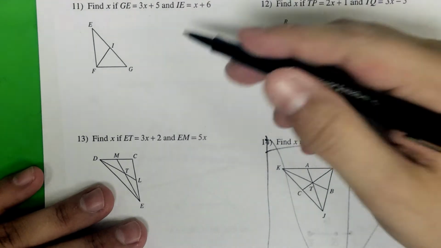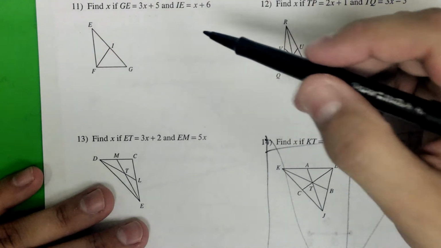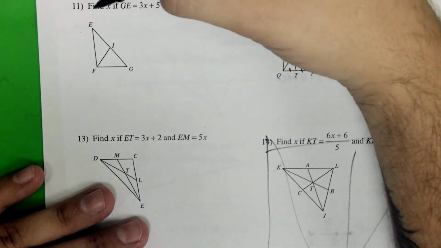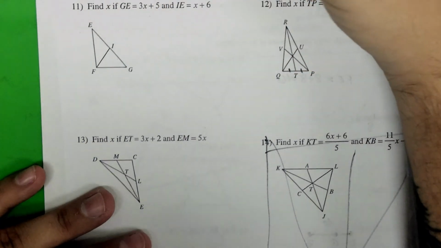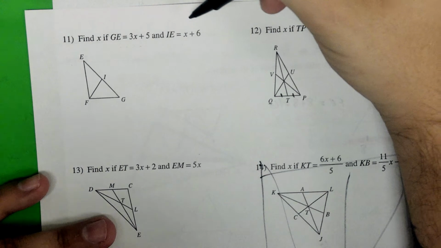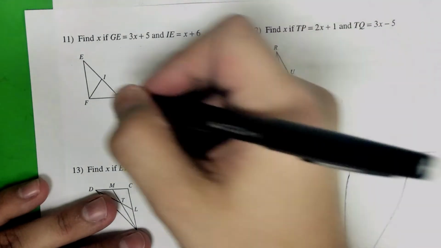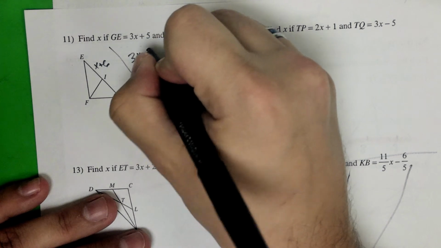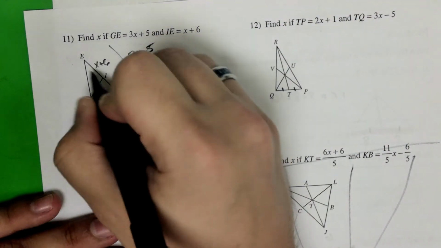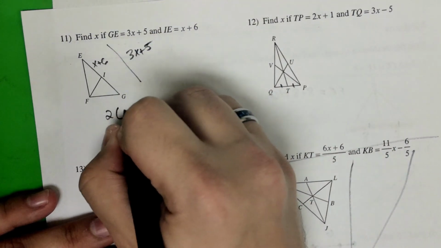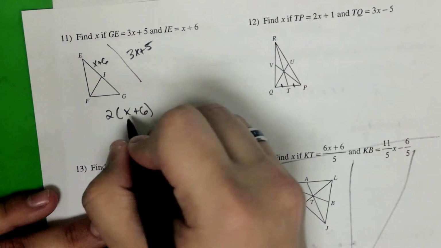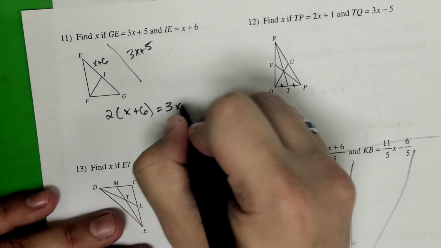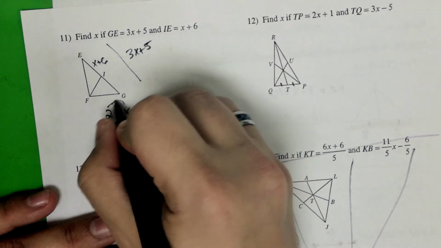At 11, it's definitely just telling you to set parts equal. Now, if it gives you the whole thing, you'll just set the smaller part, the x plus 6, because that's IE, whereas the whole thing is 3x plus 5. All right, so you're going to multiply this EI, this x plus 6, by 2. And when we do that, make sure to put x plus 6 in parentheses, and distribute that 2 to both things.